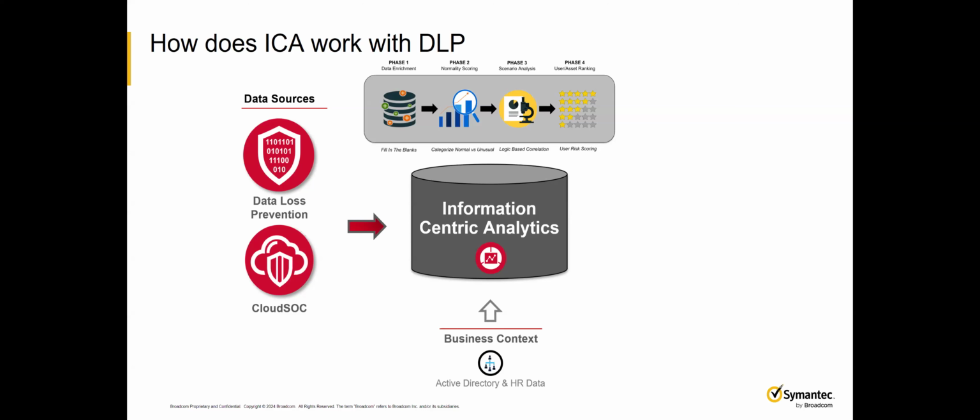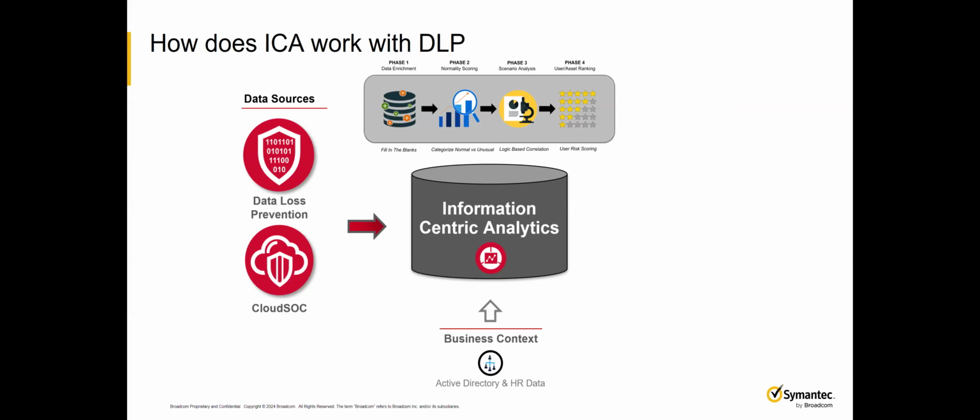if you look at the top of the slide, you've got phase 1 to 4. So whilst it's pulling in that data, it's running through this 4-phase processing methodology. Phase 1 is data enrichment. Here we are enriching that data with the business content that you see below, the HR data, the Active Directory data.